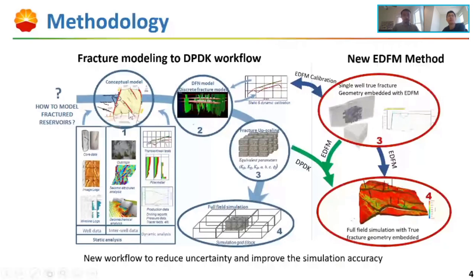So we start with some static data. As you can see in table number 1 on the left, we have a series of input data, which comprises core data, image logs, wireline logs. We also have some seismic attributes. We have potential outcrops or analogs from outcrops from similar areas.